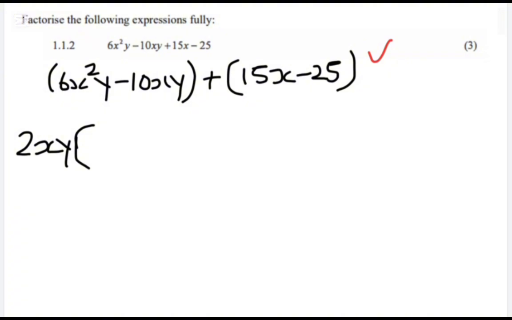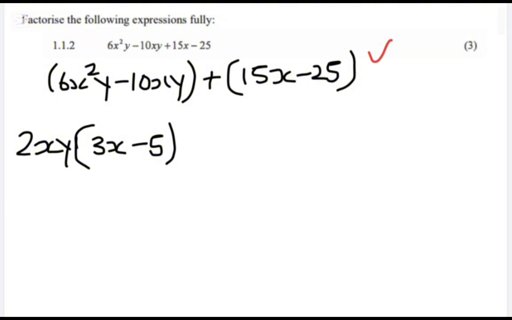It's going to be 3x, because when we multiply with this one, we're getting 6x squared y. I'm just explaining to those who don't understand. And what can we multiply with 2xy to give us negative 10xy? It's going to be negative 5. If we multiply this one with this, we're going to get negative 10xy.